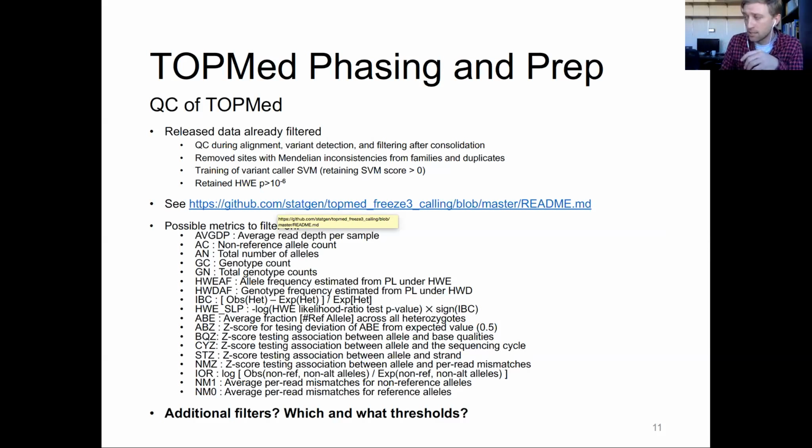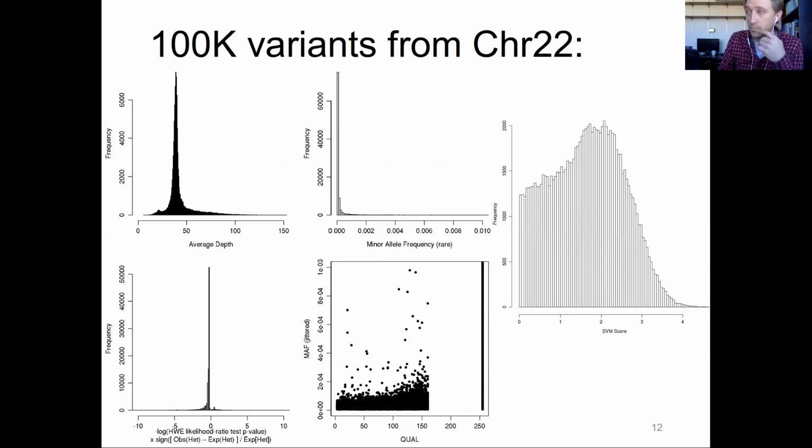On the next slide, slide 12, I've just presented a couple of the distributions of some of these metrics: the depth, for instance, Hardy-Weinberg p-values, quality scores, those kinds of things. At this point, I think it would probably be best just to follow what Michigan has done.